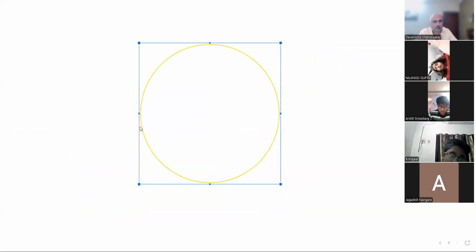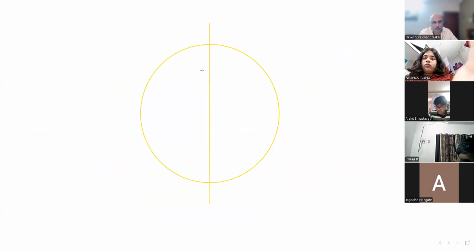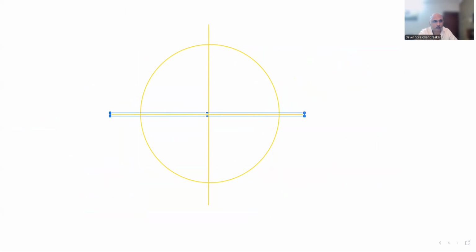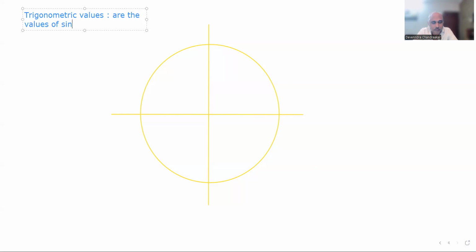So just pay attention quickly. I'll be using this term here: trigonometric values. Trigonometric values are the values of sine, cos and tan of the angles.